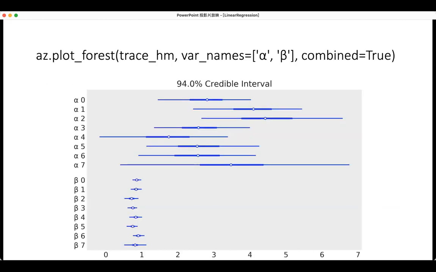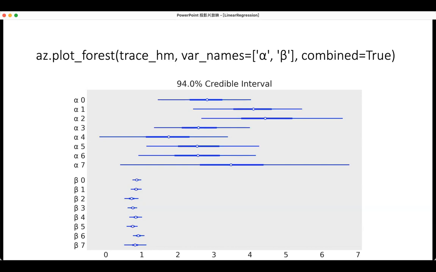So instead of being that wide, now you can see the eighth group, shown by alpha 7 and beta 7, still has a wider range compared with the other groups, but that's caused by the single point data set in the group. But it is much better than if we do the analysis group by group, separately. So this shows you another advantage of the hierarchical model.